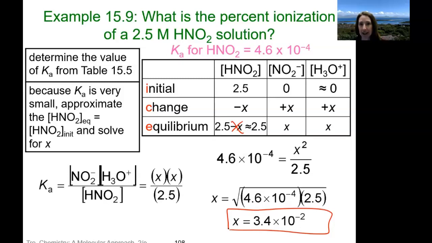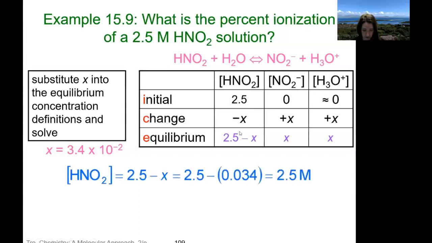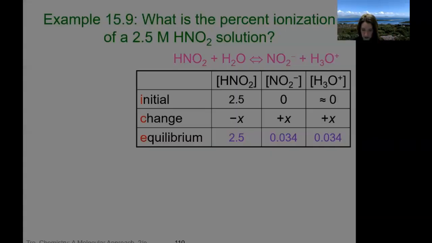But again, x is small is the same thing as finding the percent ionization. We're going to see what this change is. We just look for, is it less than 5%? Percent ionization just says whatever it is, it is.